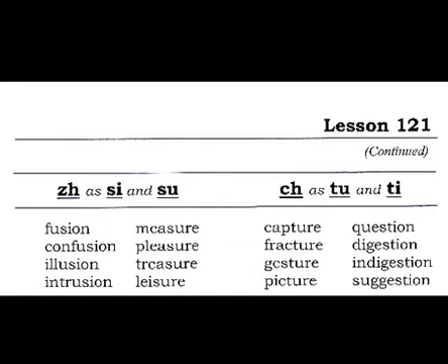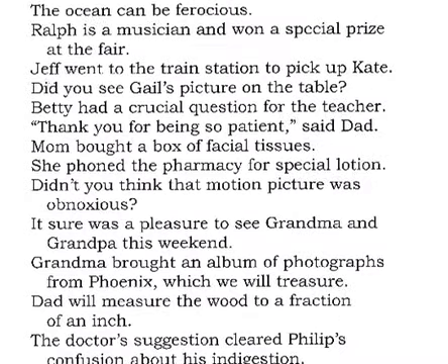And in that same lesson, we give you lots of sentences with those words. For example, the ocean can be ferocious. Ralph is a musician and won a special prize at the fair. Jeff went to the train station. Betty had a crucial question for the teacher.